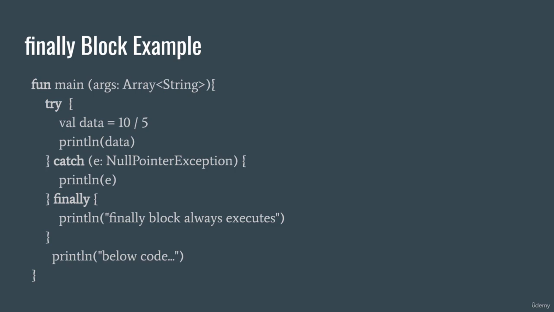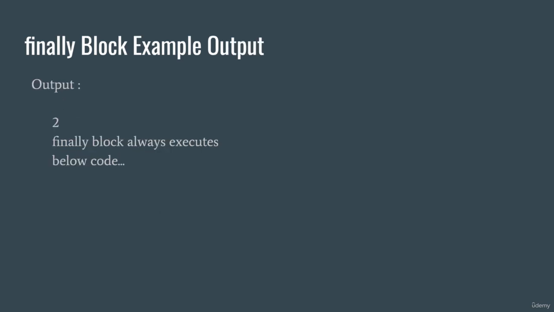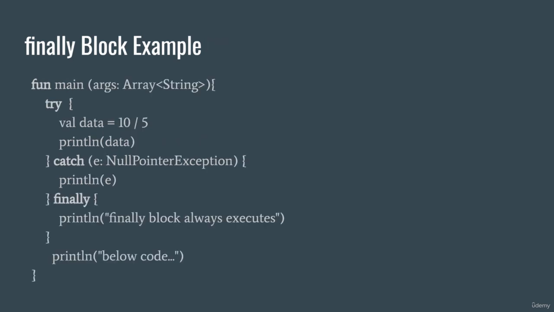And then we have a print line "below code" just to see what's executed. If we run this code, we will see that 2, then "finally block always executes", and "below code" are printed onto our console. That has to do with, first of all, 10 divided by 5 is 2, so this print statement is printed. Then here you see we print the e, so the null pointer exception.